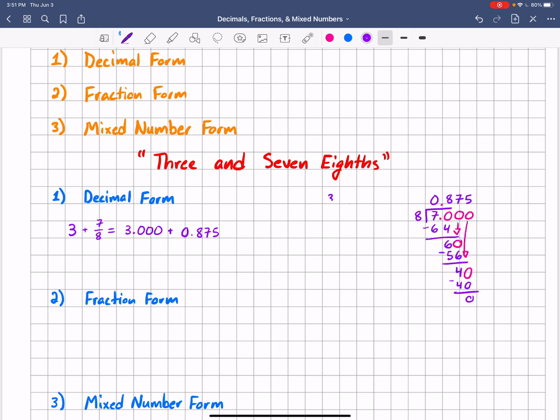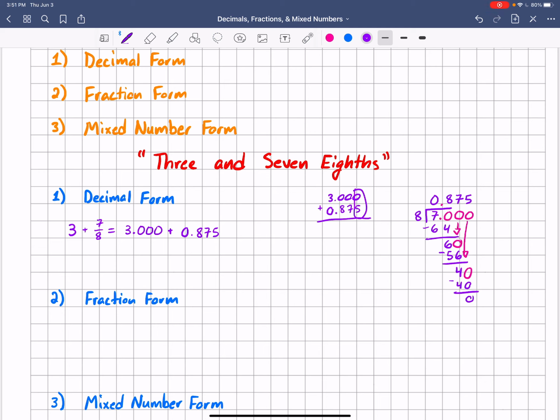So if we say 3.000, whenever you're adding numbers with decimals, you have to line up those decimals. So we have 0.875. This just makes it a little bit more clear what numbers we're actually adding together.